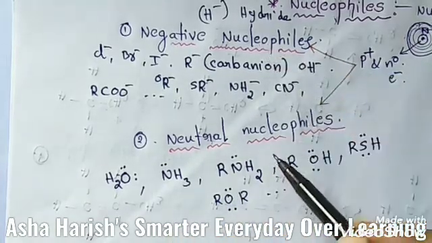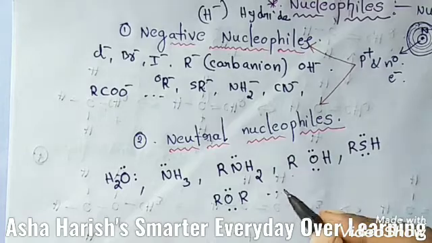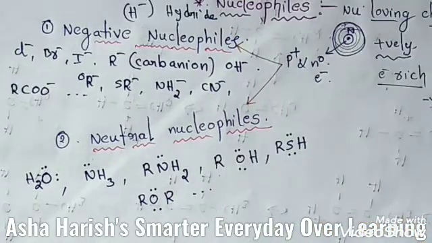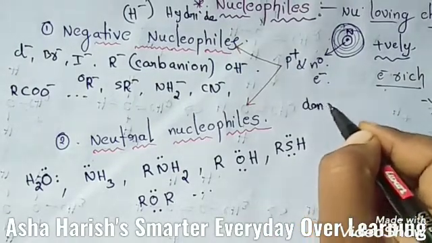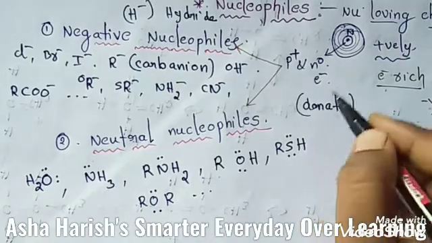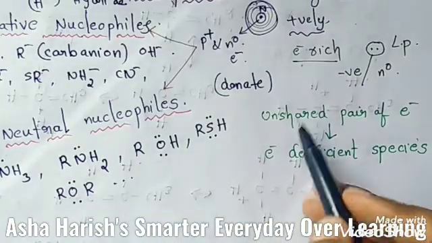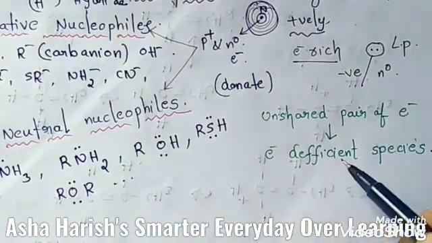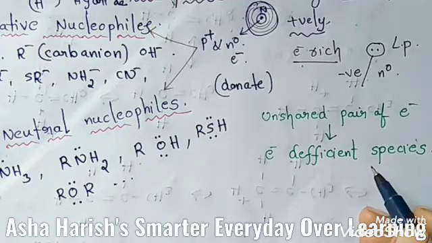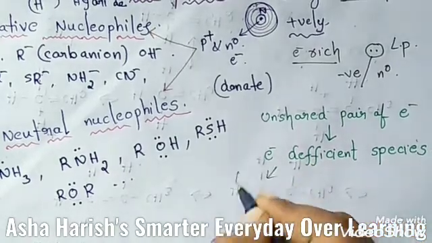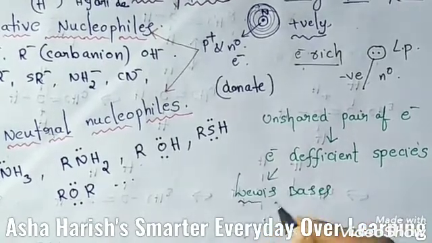Since both the negatively charged and neutral nucleophiles contain at least one unshared pair of electrons, they have a strong tendency to donate this pair of electrons to electron deficient species, and hence these behave as Lewis bases.